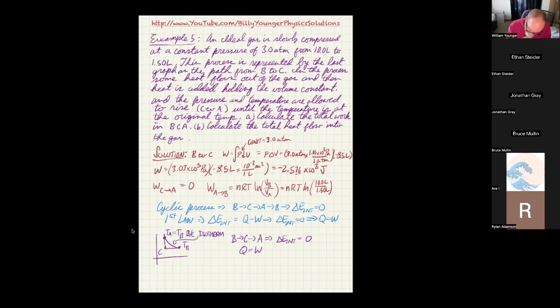So W equals 0, and here W is equal to negative 2.576 times 10 to the third joules right there. Okay. So now I can say Q is equal to negative 2.576 times 10 to the third joules. So that's the answer for that part.